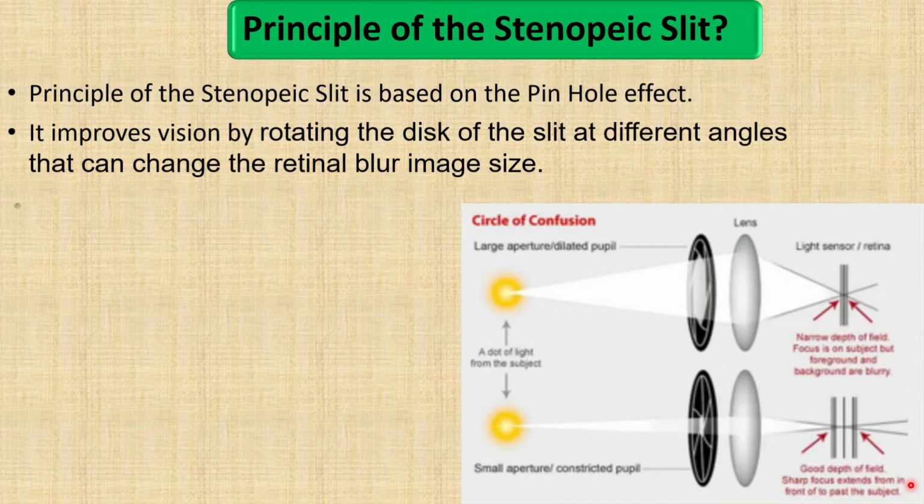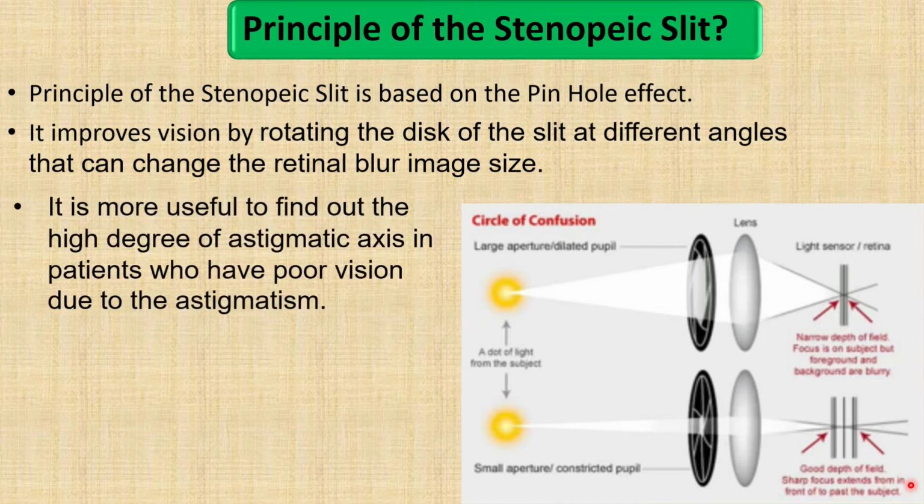It is more useful to find out high degree of astigmatic axis in patients who have poor vision due to the astigmatism. So friends, now come to know where can we use the technique of the stenopic slit.